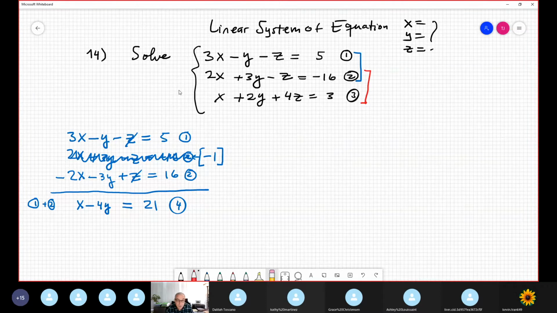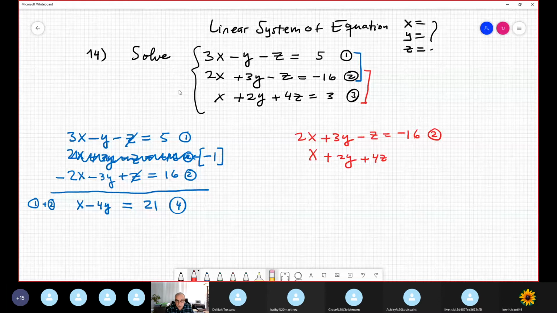I want to copy equation 2 and equation 3 here. So 2x plus 3y minus z equals minus 16. This is the original equation 2. Equation 3 is x plus 2y plus 4z equals 3. The most important moment is that I need to do something in order to eliminate the same variable.